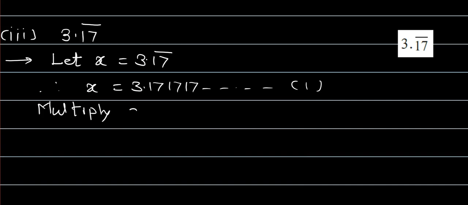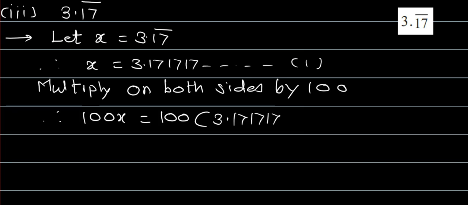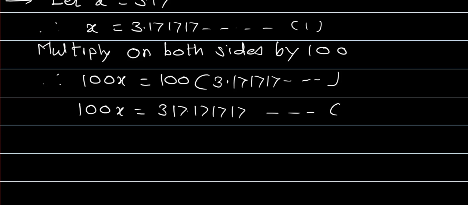Therefore 100x equals 100 times 3.171717 dash dash. That is, you will get 100x equals 317.171717. This is equation number 2.